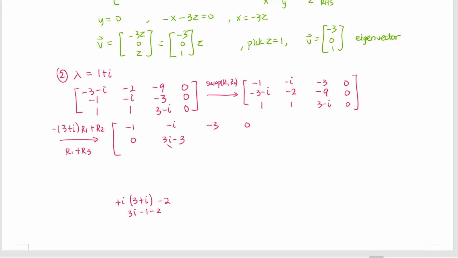Okay, so let's continue. For this entry, we use negative 3 times negative 3 plus i, minus 9. Negative becomes positive, so it's 9 plus 3i minus 9. So they cancel, and we get 3i here.